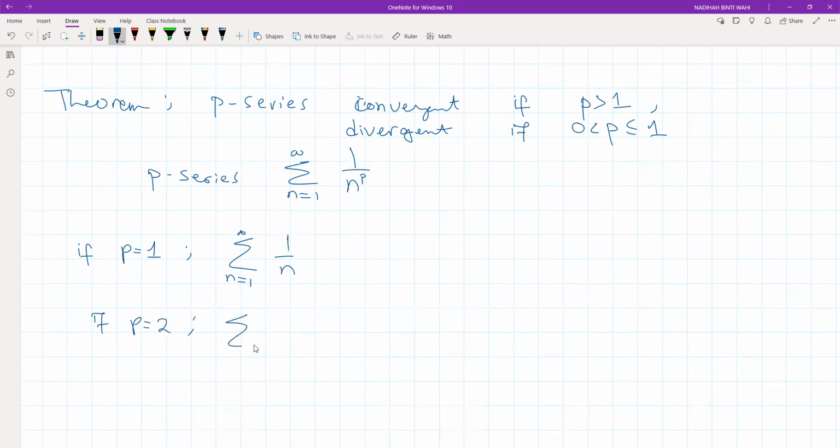How about P equals to 2? So meaning that n equals to 1 from infinity 1 over n squared. Okay, so by this theorem, this series is convergent. Okay, why? Kita akan guna this. This will be proved in using integral test.